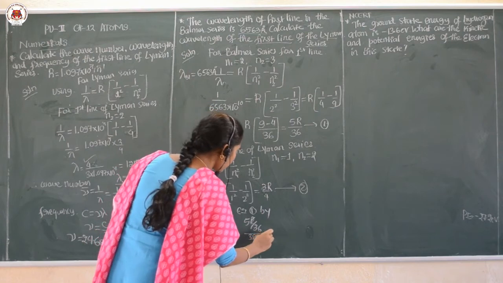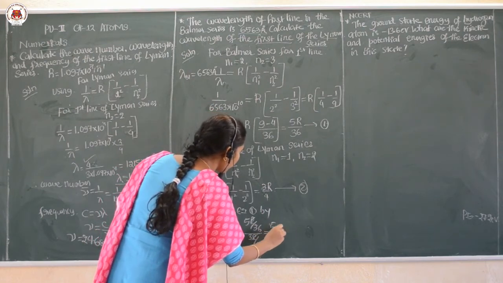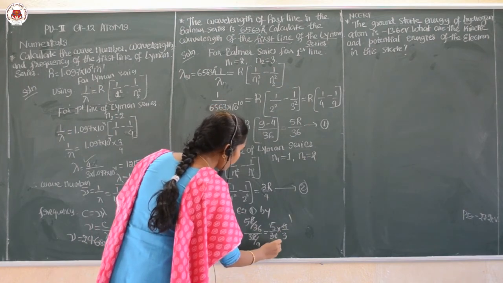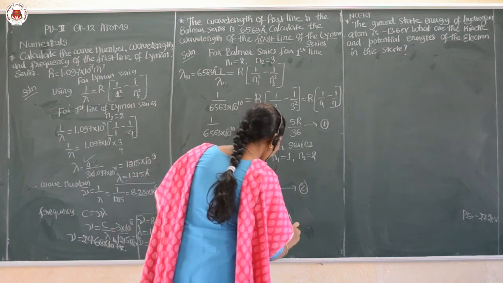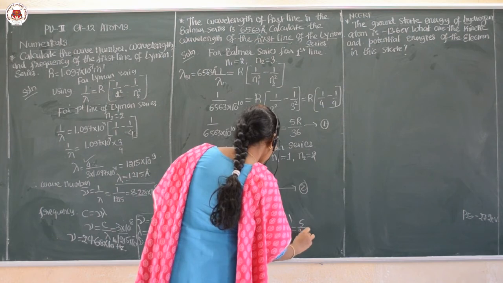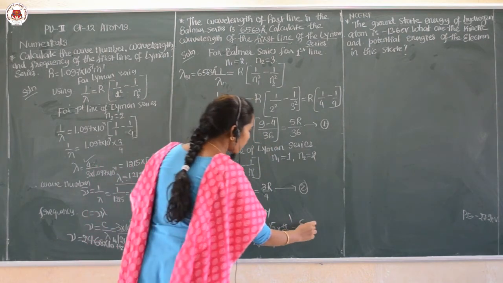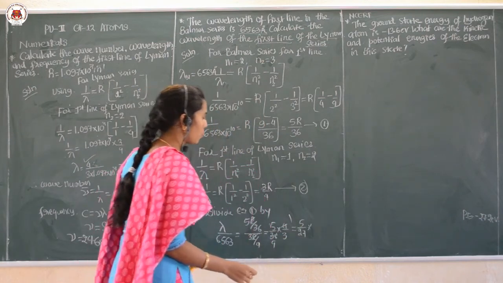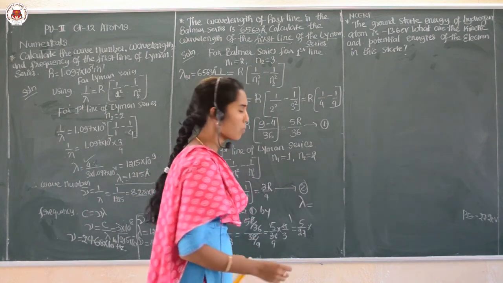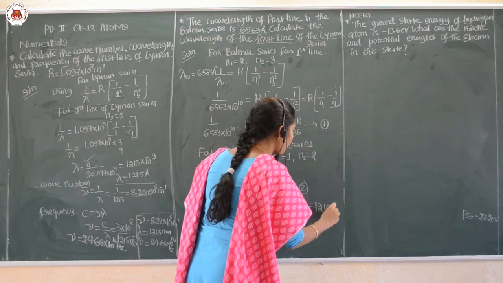R will get cancelled, then same 5 by 36 into 4 upon 3 will come. So 3 1s are 3, 9s are 27. Then after the simplification 5 upon 27 will come, and if you take this and multiply with the wavelength, you will get the wavelength of the first line in the Lyman series is 1215 angstrom.